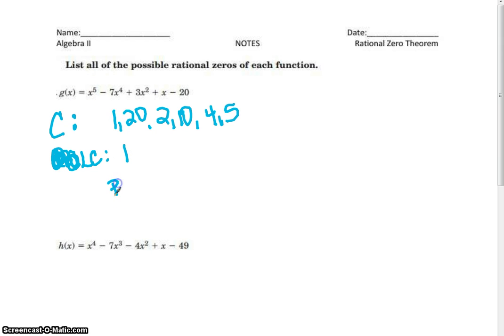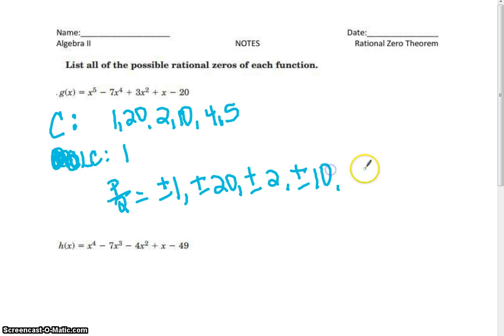So basically, to get your p over q, you have plus or minus 1 over 1, which is 1, plus or minus 20, plus or minus 2, plus or minus 10, plus or minus 4, and plus or minus 5. And the reason it's just the numbers from up here is that when you put them over 1, it just is that number.